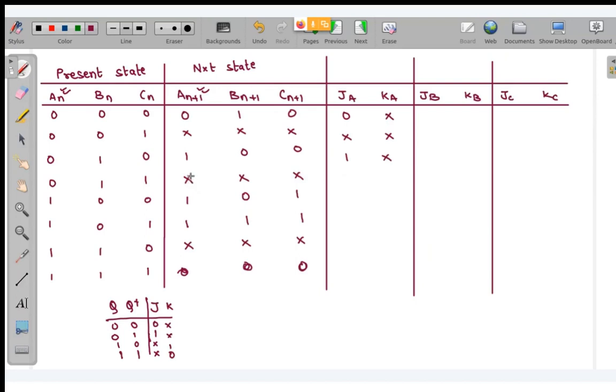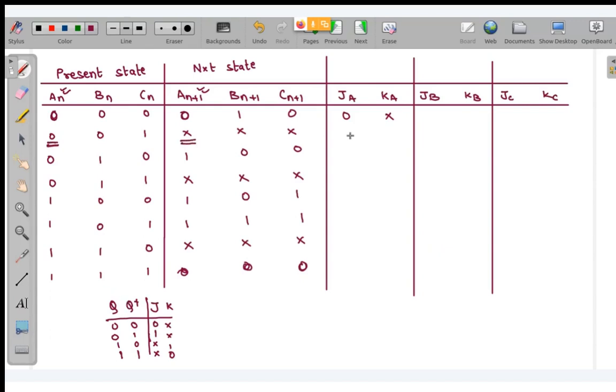Okay, here we have some problem. Look over here, An is 0 and An+1 is 0, so for 0 0 we have 0, don't care. But look over here, we have 0, don't care. For such a combination, we don't have a present state and next state.